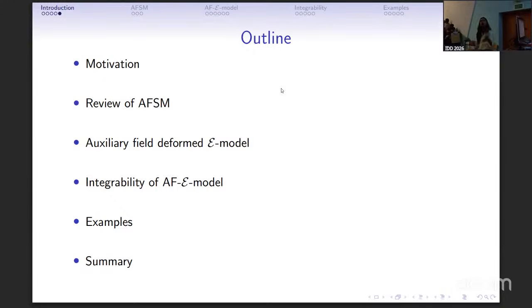Once we have some new model, we do want to look into that. So I'd be talking about integrability of this model, and then moving on, I would be talking about some new bubbles that have shown up because of having a much broader picture at hand. And then I would conclude with a little bit of summary of the work, and then with some new possible extensions of this work.